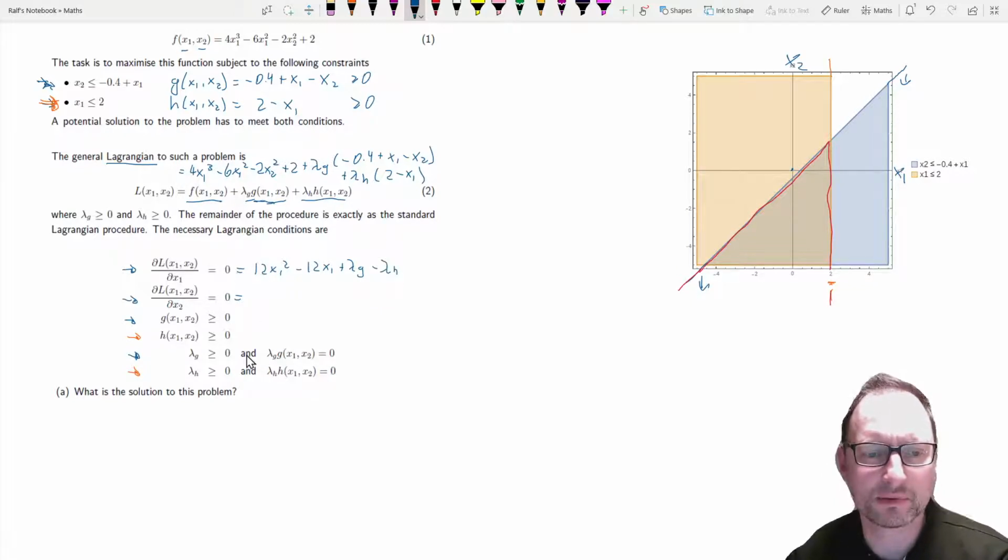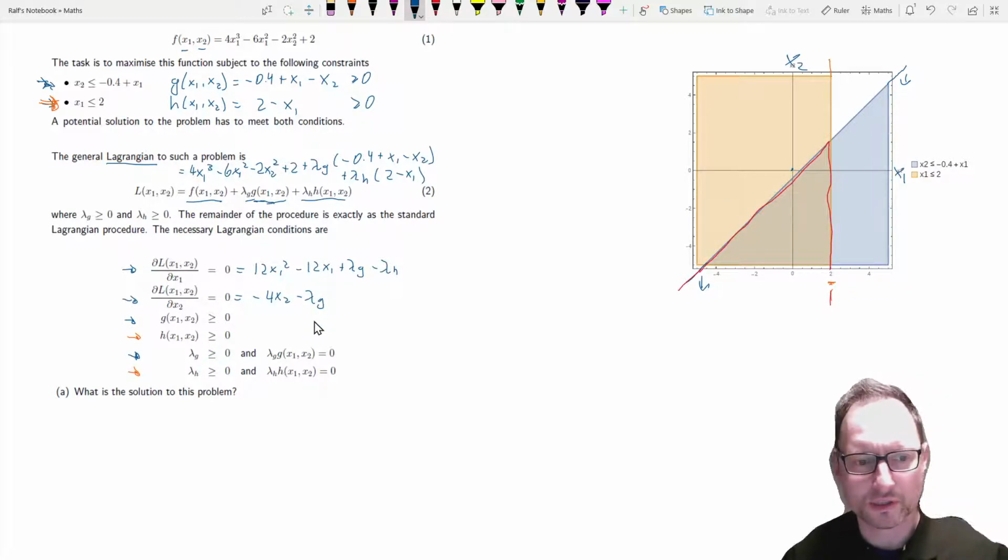And that needs to be equal to 0. That's one of the Lagrangian conditions. So the second partial derivative, we get negative 4x2. And the only other x2 here is in the first constraint, negative x2, so that's multiplied with lambda g, so we have negative lambda g. So these are now our conditions.